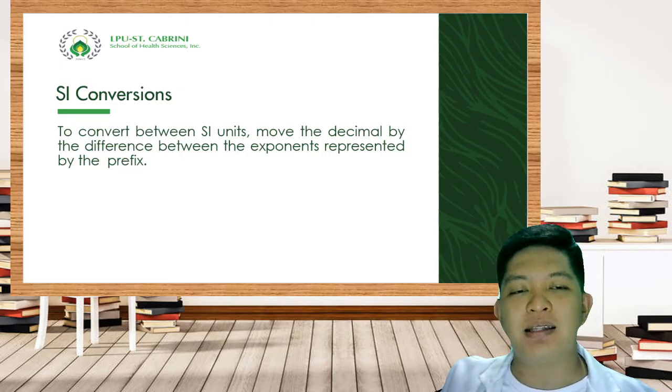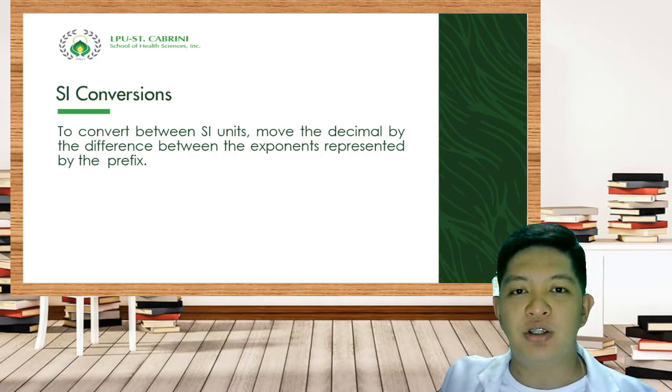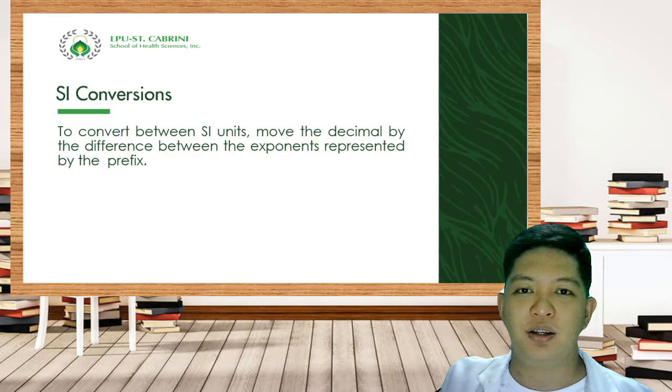Of the analytes that can be seen or tested from our body. Let's say, for example, creatinine. Creatinine, okay, the conventional unit is milligrams per deciliter. You will be asked to convert it into SI unit, which is millimole per liter.